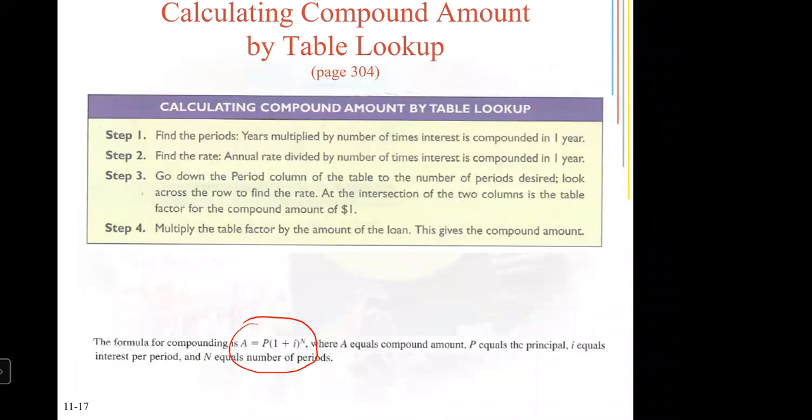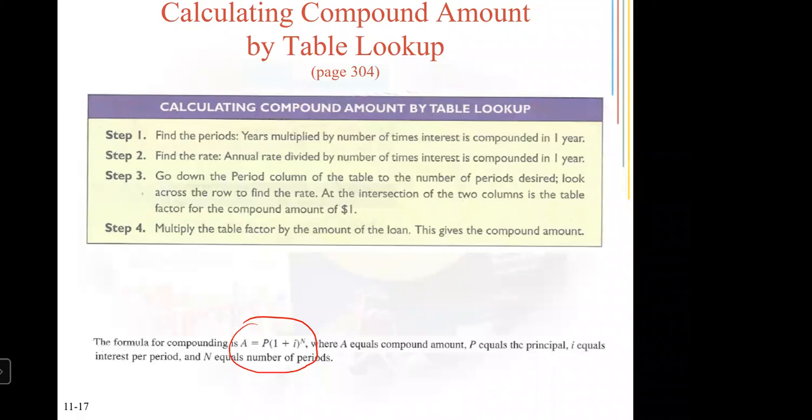It says here, find the periods, that's the years, multiplied by the number of times the interest is compounded. Find the rate, which is the annual rate divided by the number of times interest is compounded in a year. Then you go down the table, and it says, go down the period column of the table to the number of periods desired.